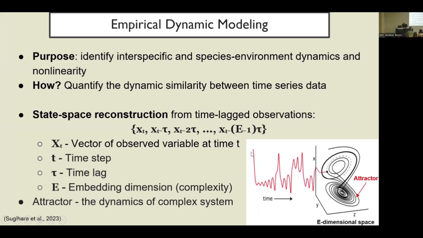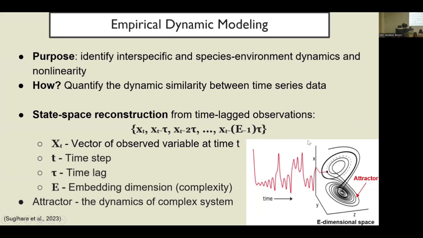We take the single time series as a vector x, and at each time step t, we create a vector to represent the state of the system at that time, using d dimensions to represent the number of lags, which represents the complexity of this system.